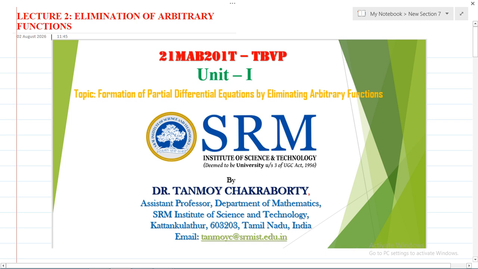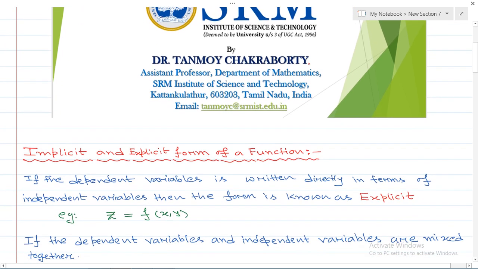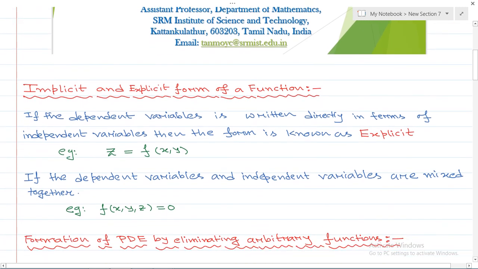So let us start. Before we derive the problem and its solution technique, let us try to understand the difference between two types of structures of a given function. One is known as the implicit function, another representation is known as the explicit function. So what is an implicit function? If the dependent variable is written directly in terms of independent variables, then the form is known as an explicit representation.